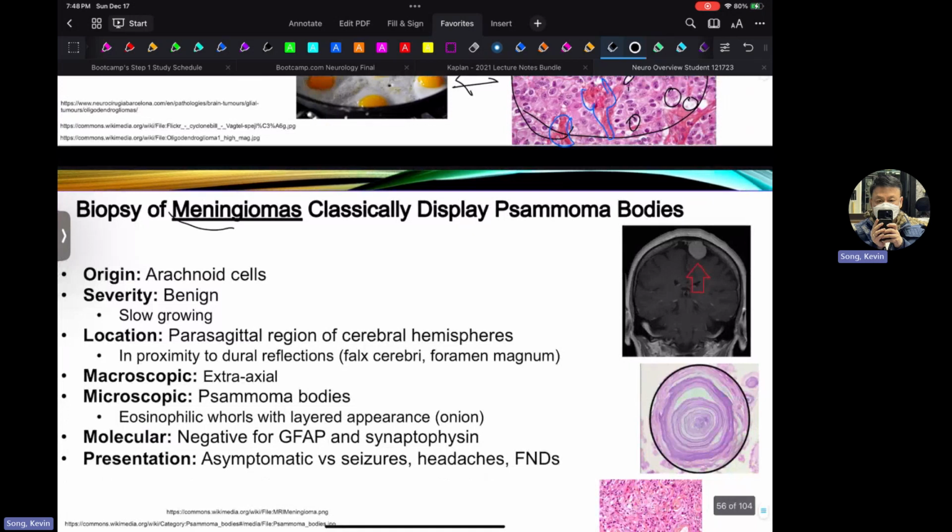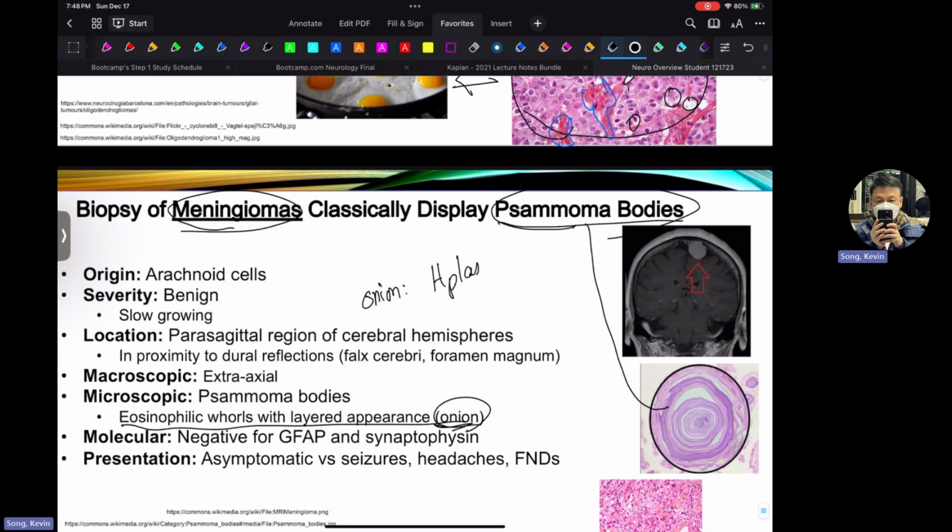Meningioma. I will tell you the important thing. Psammoma bodies. What does psammoma bodies mean? It's kind of this thing. Okay, onion. Whenever you see onion, think hyperplastic. What does that mean?